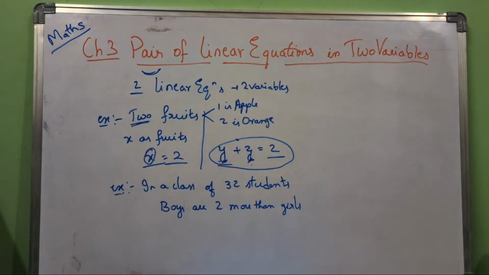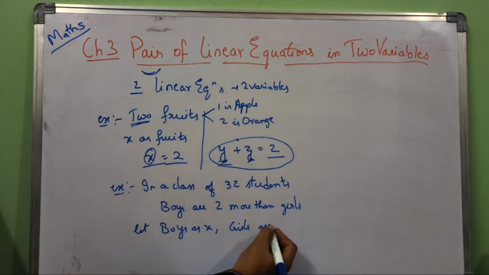How can we solve this type of question to find how many boys and girls are present? Let's see the first equation. Let's consider boys as variable x and girls as variable y. So x plus y, the total, is mentioned as 32.